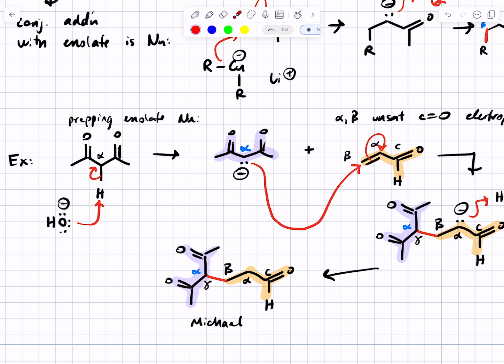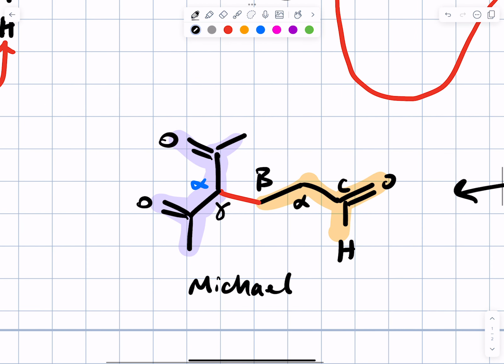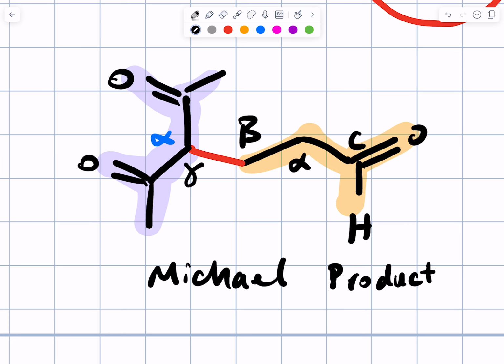One other important aspect of thinking through the Michael reaction is looking at a Michael product and being able to think backwards to what the starting materials would have been. It's obvious here because I've highlighted them. Answers are always obvious in retrospect, but I'm going to use either Greek letters or a numbering scheme to help you recognize Michael products.